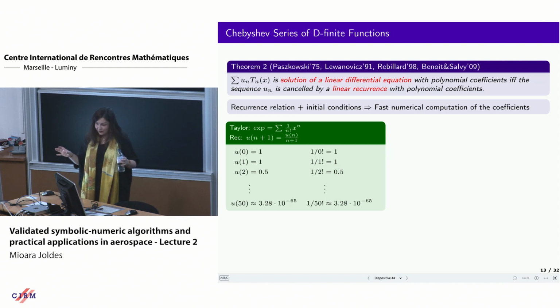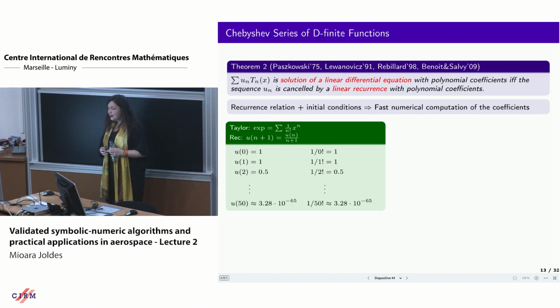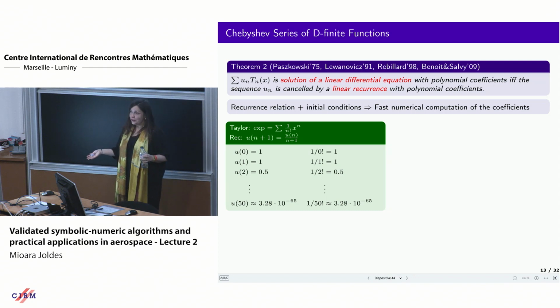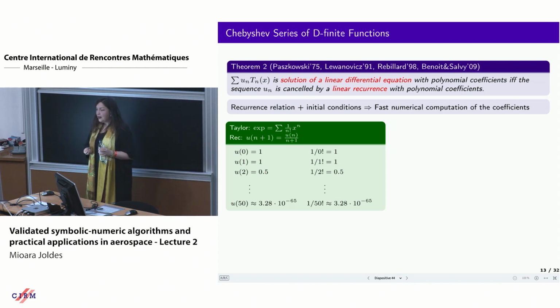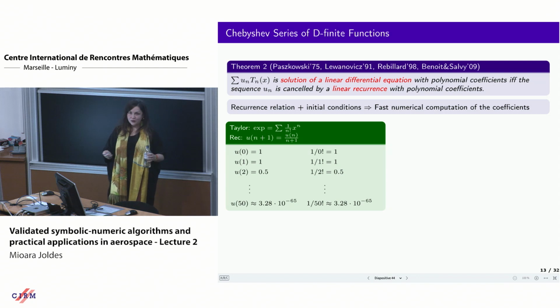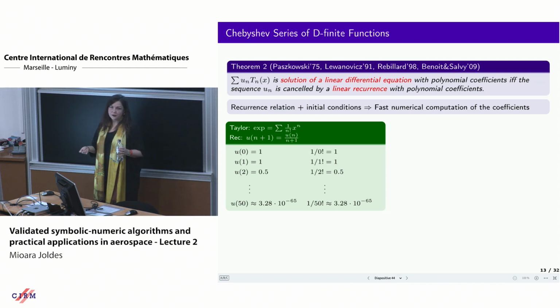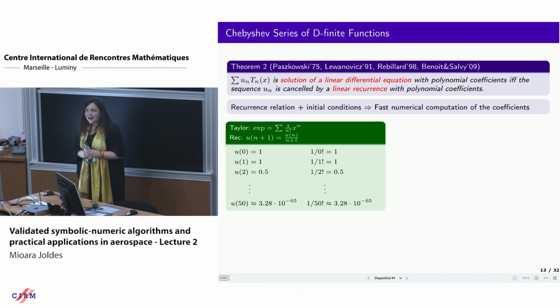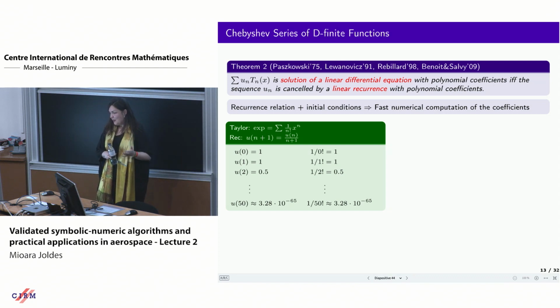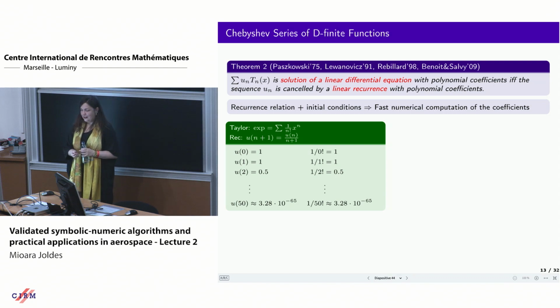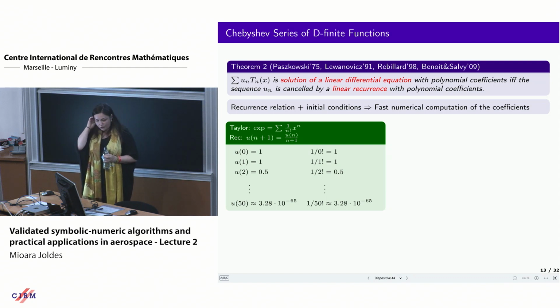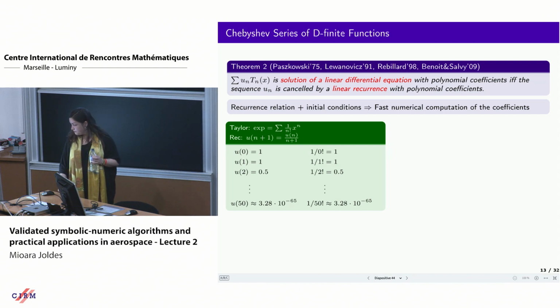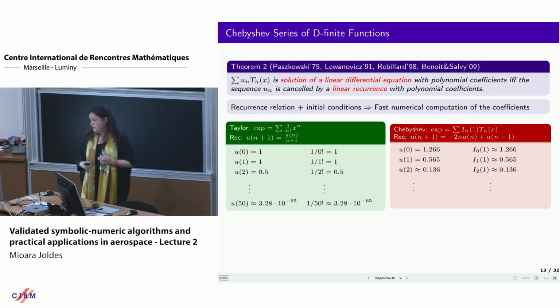In contrast to power series, where we have the initial conditions to start our recurrence, for Chebyshev series the story is quite a bit more complicated, in the sense that even if we try to unroll the recurrence in a straightforward manner, like we would for Taylor, for instance.